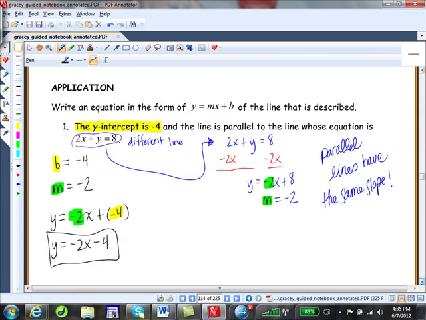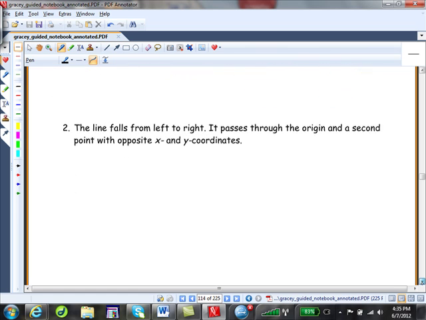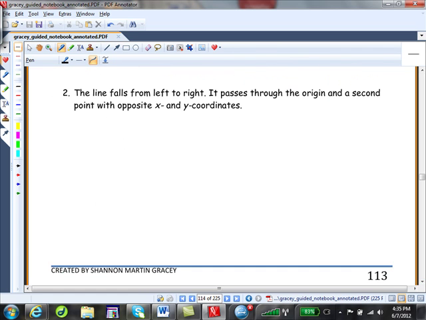Okay, next step. Let's see what we have. The line falls from left to right. So what would that mean? The line falls from left to right. Good, that means negative slope. It would be going downhill, right? So that information tells us we have a negative slope.